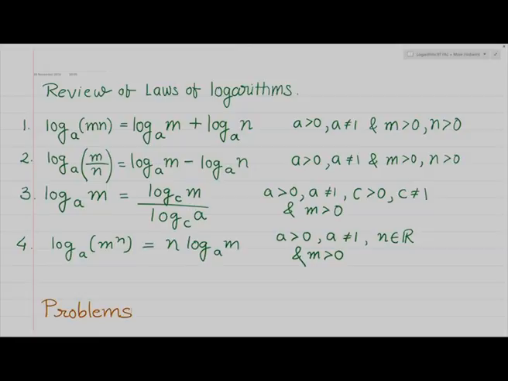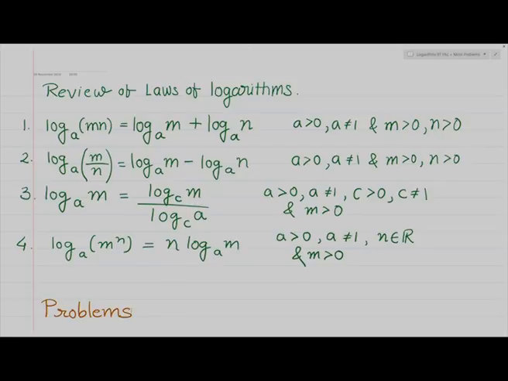And the last law is the power law, which is log to the base a of m to the power n, where n can be any number, it can be negative also, it does not need to satisfy n greater than 0. Therefore log to the base a of m raised to n is equal to n times log to the base a of m.